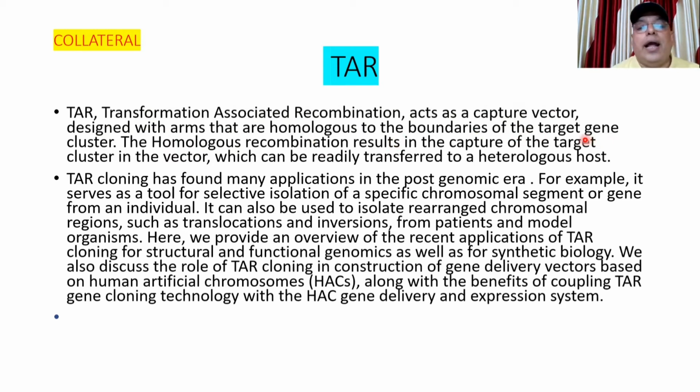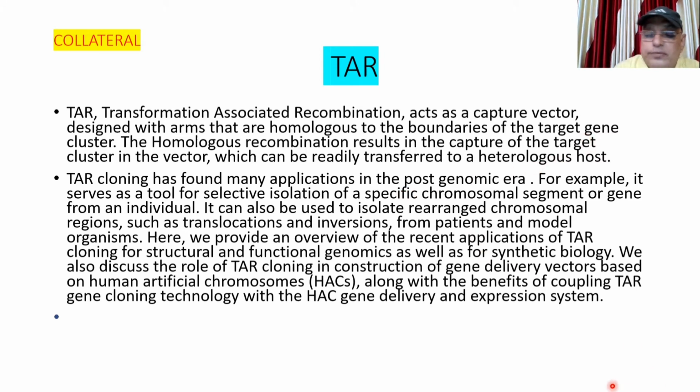So the TAR has two hooks, or two termini of the TAR act as hooks which get attached to the termini of the gene which we are trying to take off from a particular stretch of the DNA.